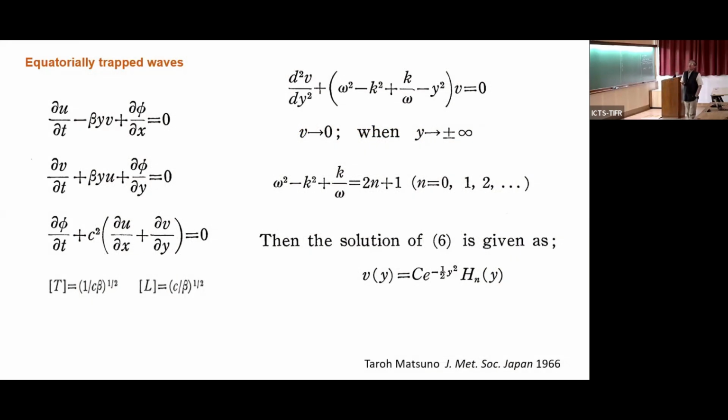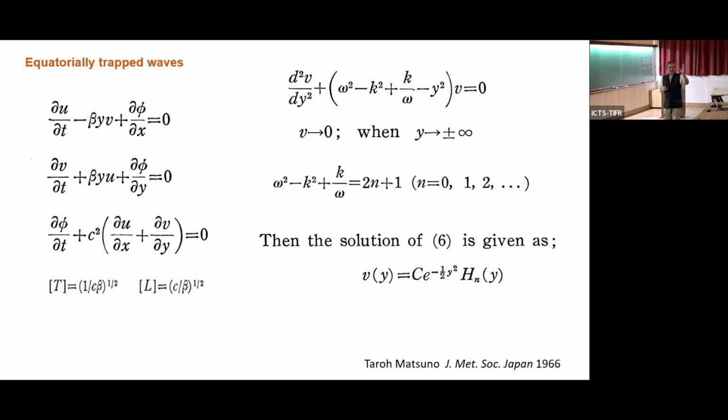So the shallow water equations: in 1966, Matsuno gave a complete theoretical prediction saying there should be these classes of waves which are trapped at the equator. That's the solution, where V is north-south velocity, Y is the north-south coordinate, and there is this Gaussian, which is the equatorial trapping, and there are the Hermite polynomials.